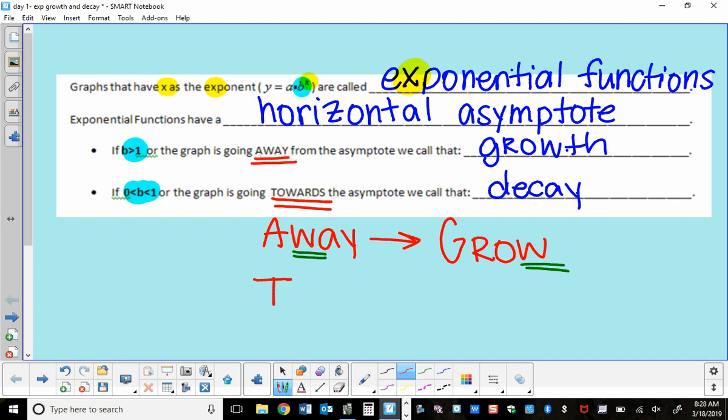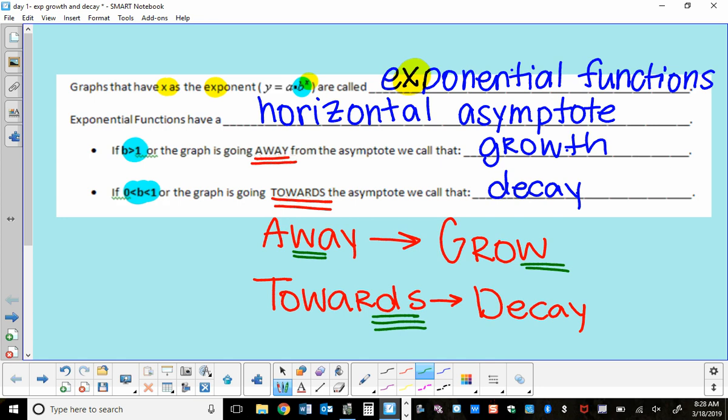And then the word towards, which means my graph is going towards the asymptote, I think about decay because the word towards has a D in it, and decay starts with a D. So in my head, I just remember that. The more we do it, the more you'll catch on to it because it's really important. You guys have to memorize these things right here.